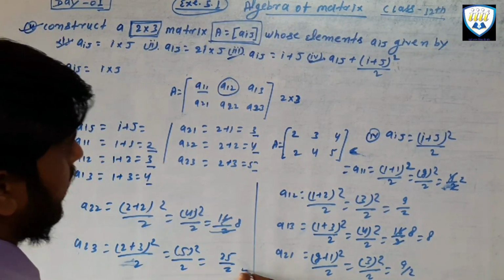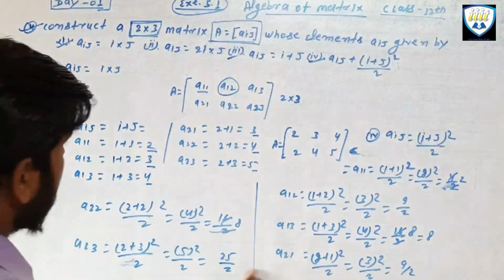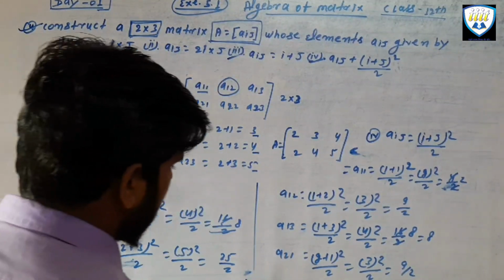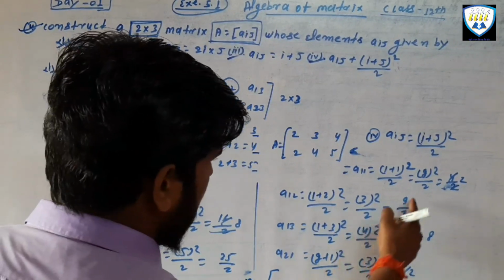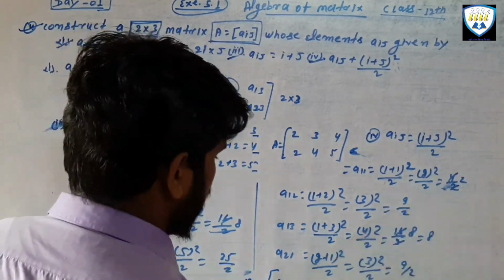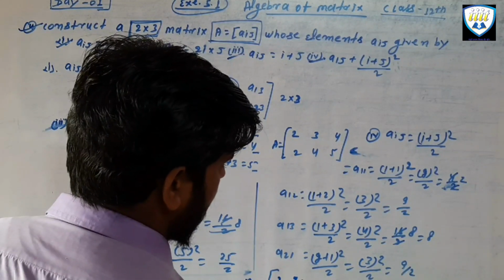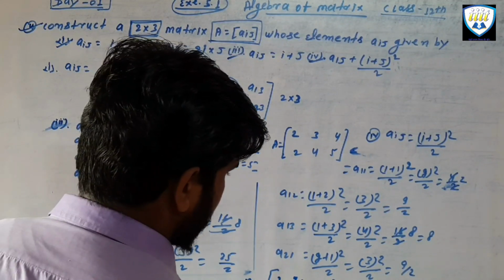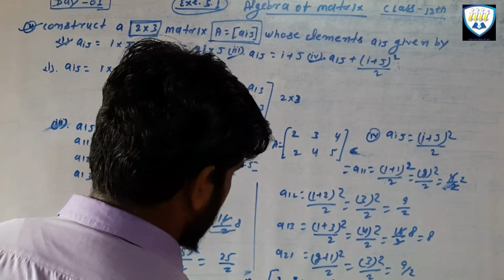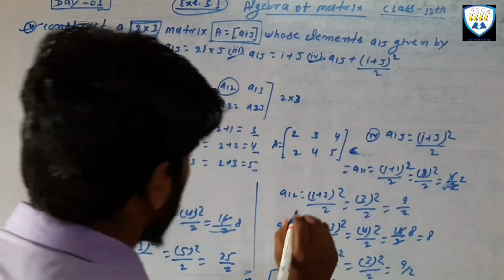Any doubt? This is the matrix of this order: A11 2, 9 upon 2, 8, 9 upon 2, 8, 25 upon 2. Answer.